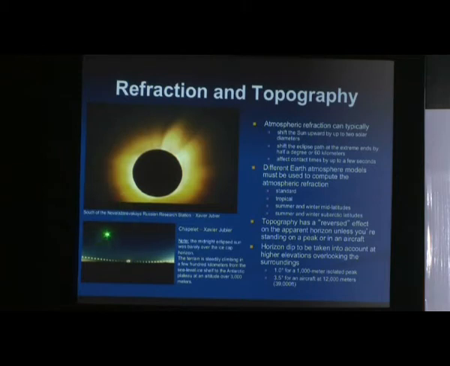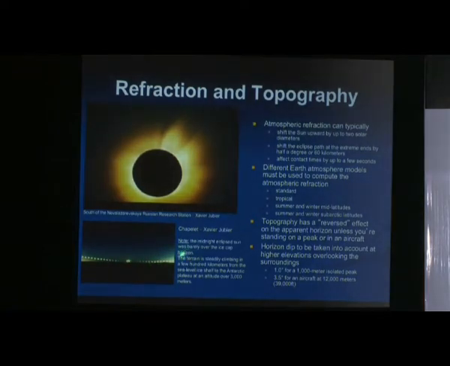I was a bit further inland. You can see a picture, totality was during the midnight sun. So the sun was just going down and up again after totality. And of course, if you're not at the right location, you will miss everything.